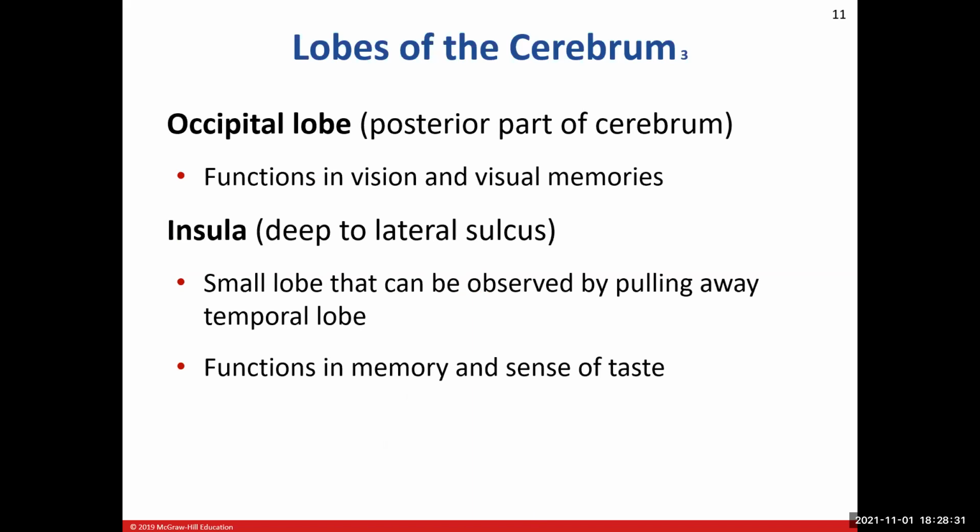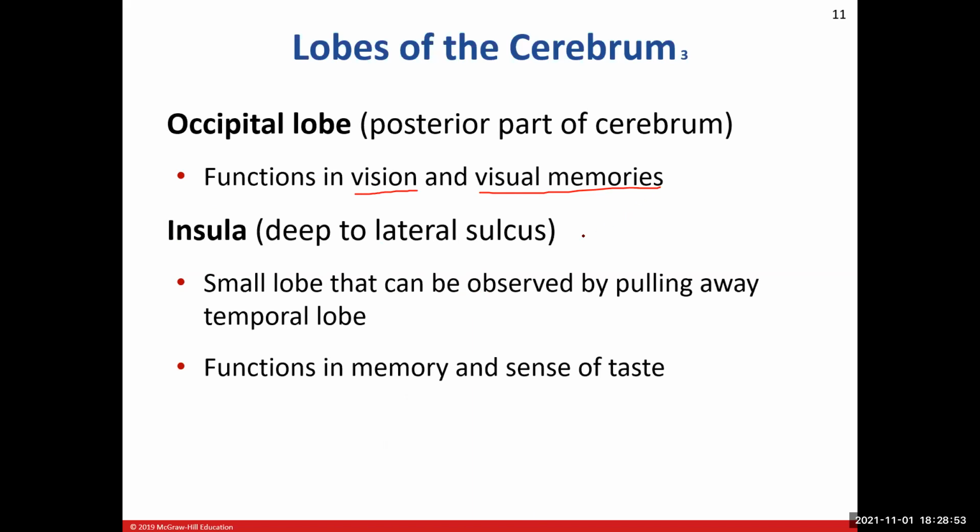And then the last two lobes are the occipital lobe and the insula. The occipital lobe is the very posterior portion of your cerebrum there, and that has to do with vision and also visual memories. And then the invisible lobe, or the inside lobe that you can't see, is the insula.